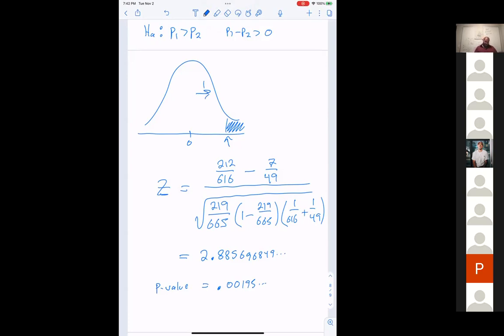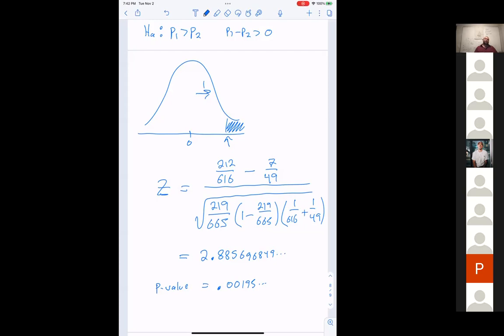Is that less than 10%? Yes. Less than 1%? Yes. Is it almost as small as a tenth of a percent? Yes. That's a pretty unlikely event, correct? Yes. But yet it's predicated upon the null hypothesis being correct.